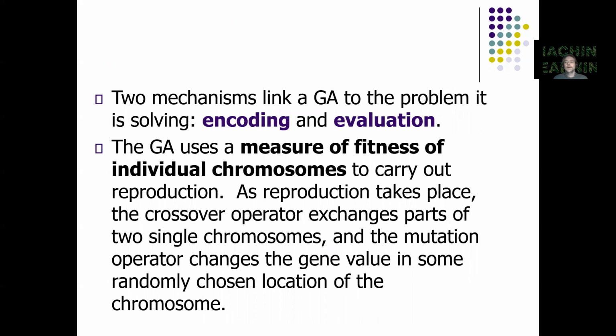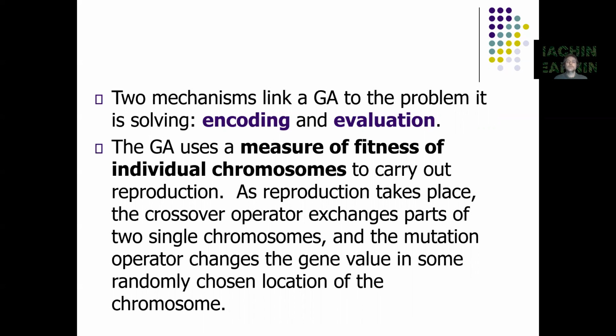So we have to decide what kind of encoding we are going to use and how we are going to evaluate the fitness of the members of the population. Based on the evaluation of this fitness, the members of the population are going to be reproduced.